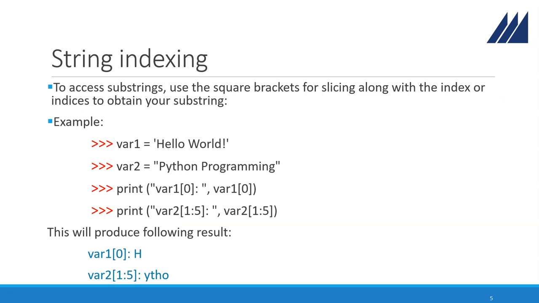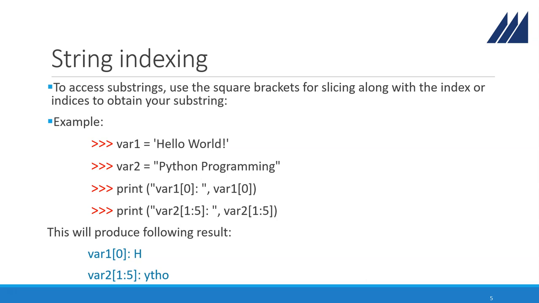Okay. We also saw the indexes. How can I utilize the indexes? What are they going to do for me? Well, one of the ways that we can use them is to access and go to a specific character inside your string by specifying the index of that character and putting that index between square brackets.